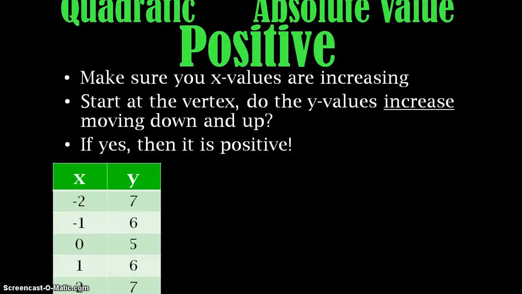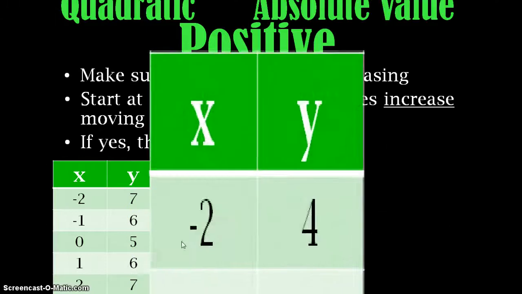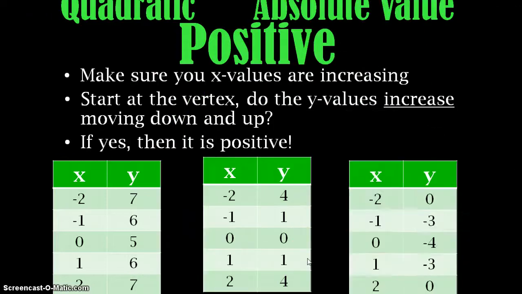So if we start at our vertex, which is the middle, we have a 5, and then we go 6, 7, 6, 7. So the values are getting bigger and bigger, so that's a positive. Again, if we start at our vertex, then we go 1, 4, and then 0, 1, 4. Again, the y values are getting bigger, so that's a positive.